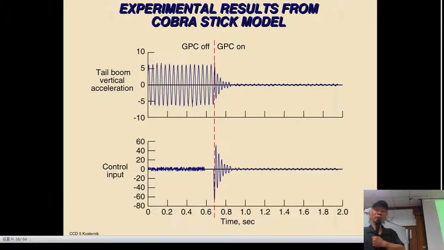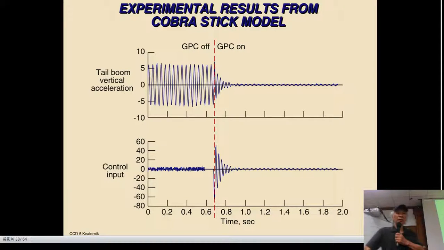As soon as I turn on my UC, I use the new data for my output and input. And you can see that as soon as GPC is on, the response is reduced. It takes about 0.1 second to reduce the responses to a very small value.